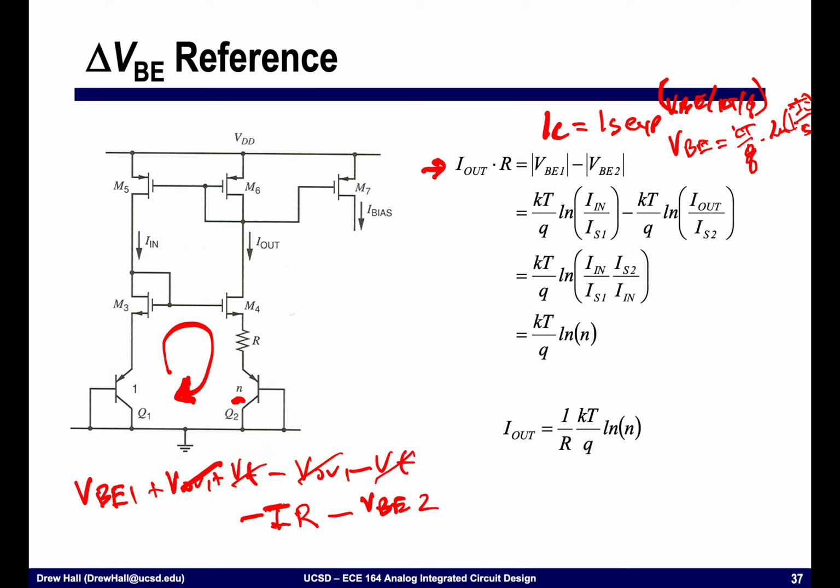I can rewrite this expression as follows, and then use the natural log rule in order to combine these. IS is going to be the same in both of these two, excuse me, IS is not the same.